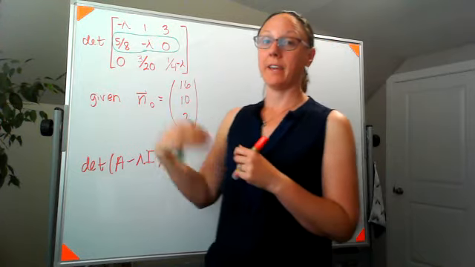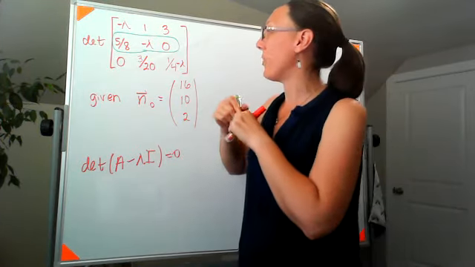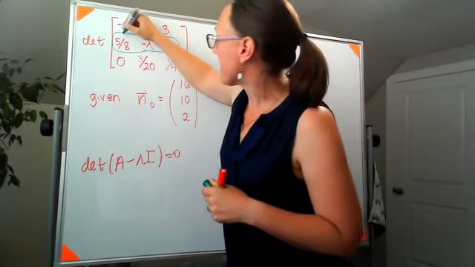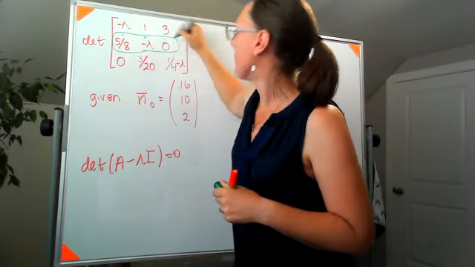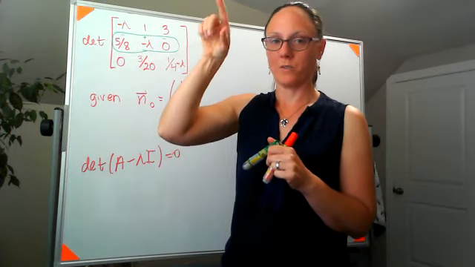Thinking back to what we talked about on Friday, if I think about my plus-minus signs in a grid, this is going to go minus, plus, minus, and then we won't have to worry about the -1 to the rows plus columns.